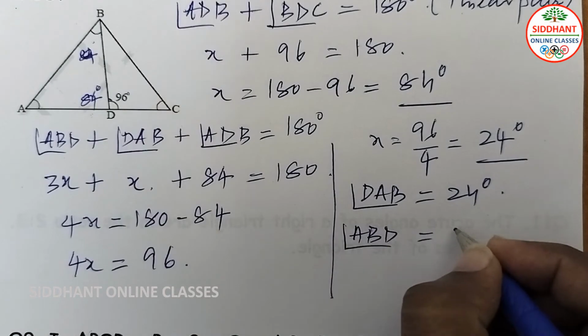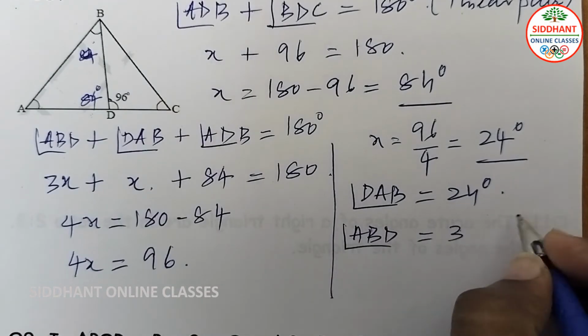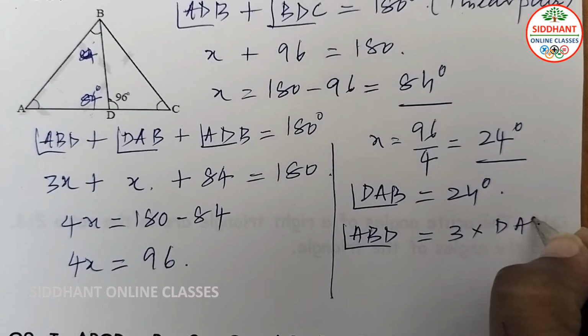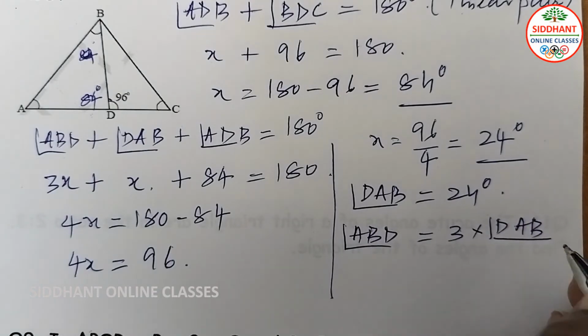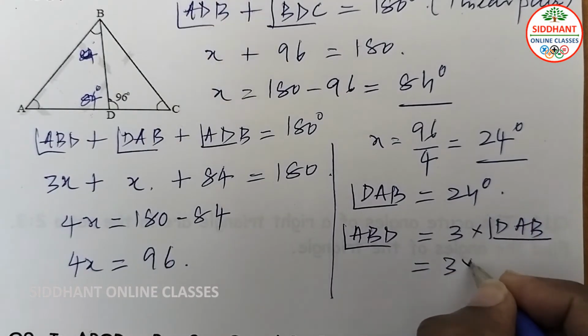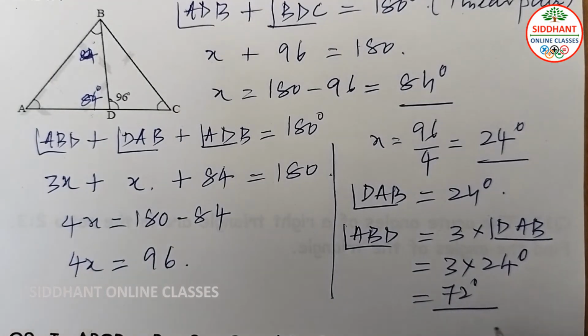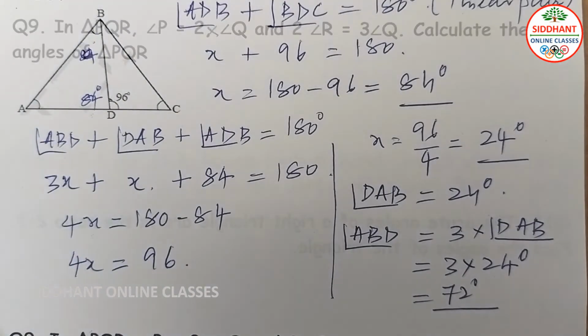ABD means what? In the question they have given 3 times angle DAB here. 3 times DAB equals 3 into 24 degrees, that equals 72 degrees here. So angle ABD is equal to 72 degrees.